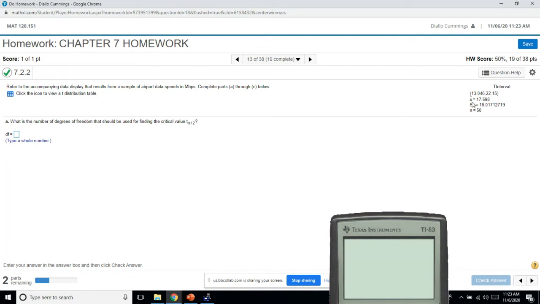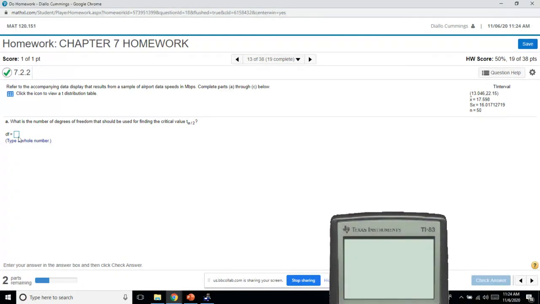I have my sample mean, 17.598. The sample standard deviation is 16.017, and n is equal to 50. Now we're asked, what is the degrees of freedom that our T critical value can have?